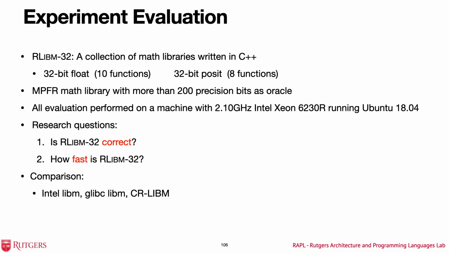To use a double math library for our 32-bit representations, we first converted the 32-bit input into a double input, used the double math library, and converted the result back to the 32-bit representation. In this presentation, we show you the results of our experiments for 32-bit float functions. To see the full evaluation results, please refer to our paper.